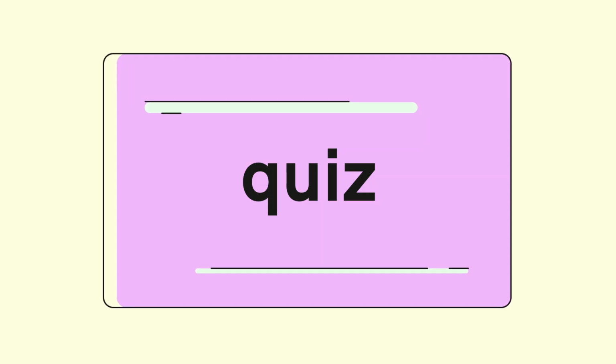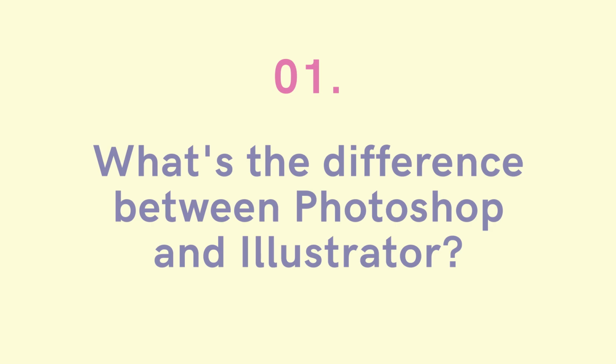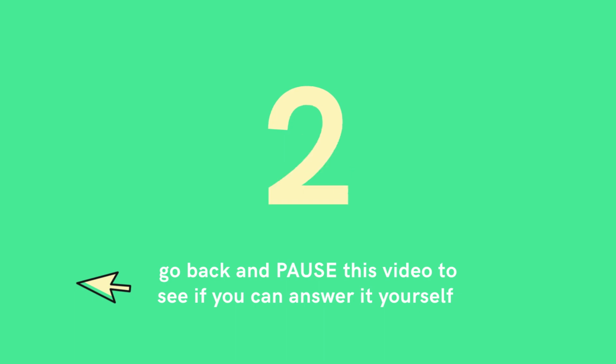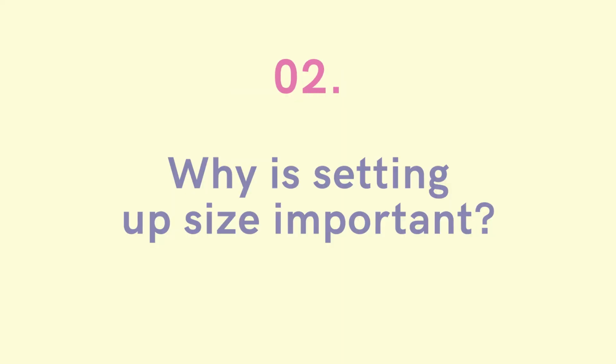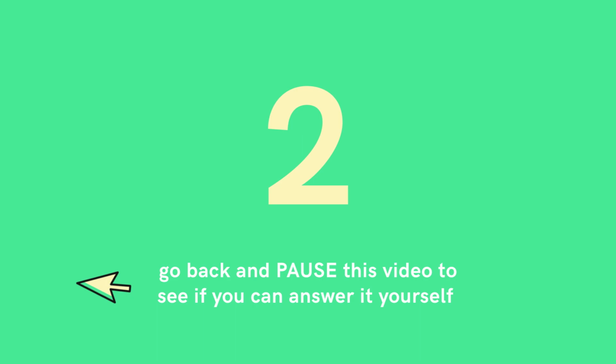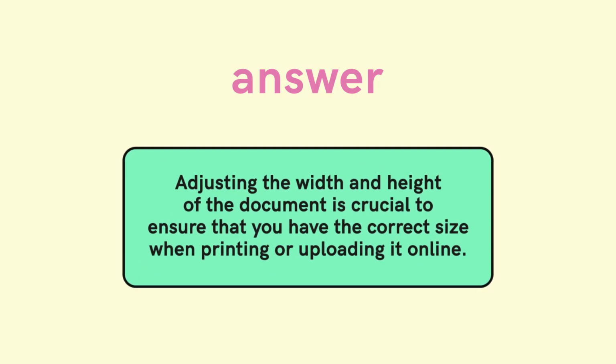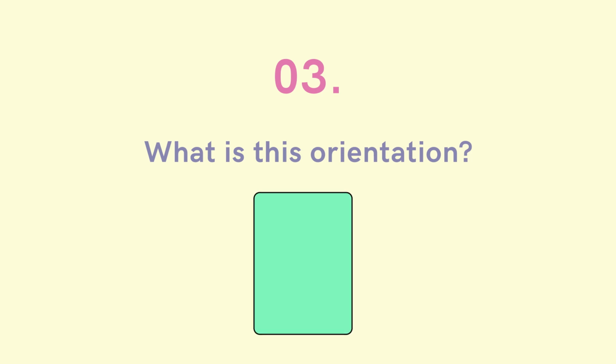To really test your understanding, let's have a little quiz. Number 1, what's the difference between Photoshop and Illustrator? Number 2, why is setting up size important? Number 3, what is this orientation?